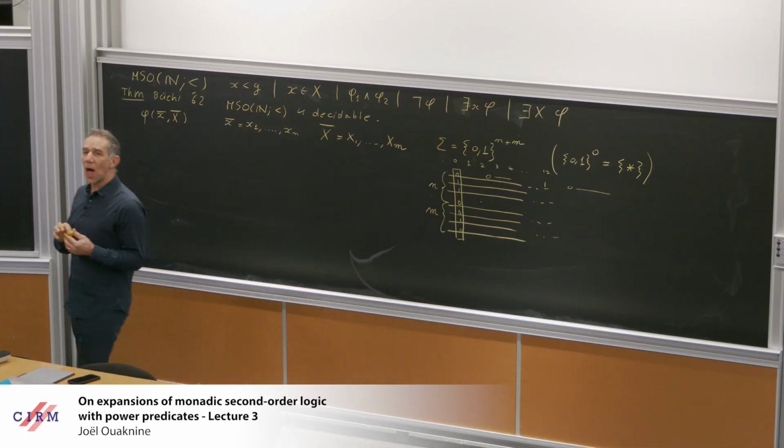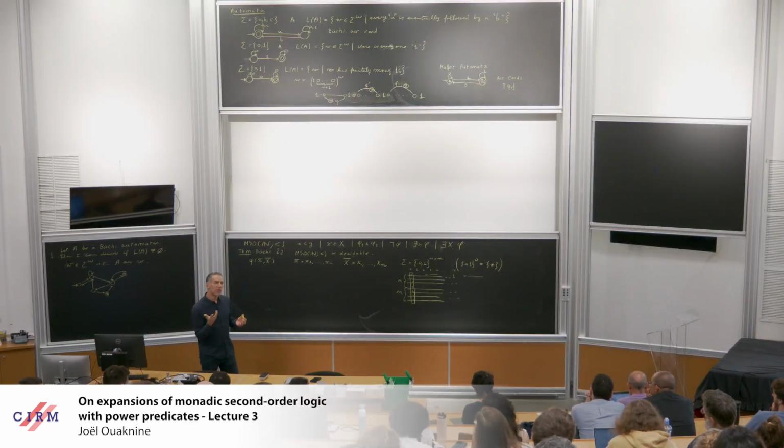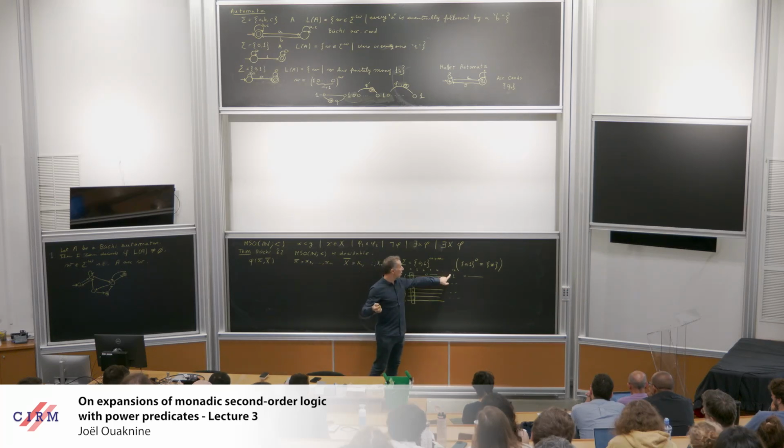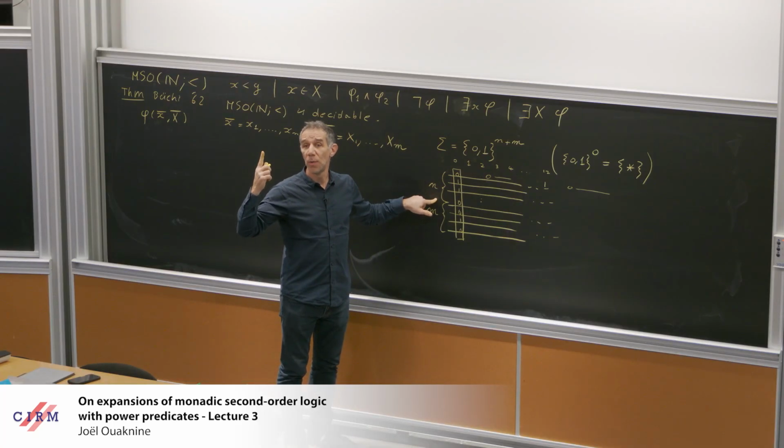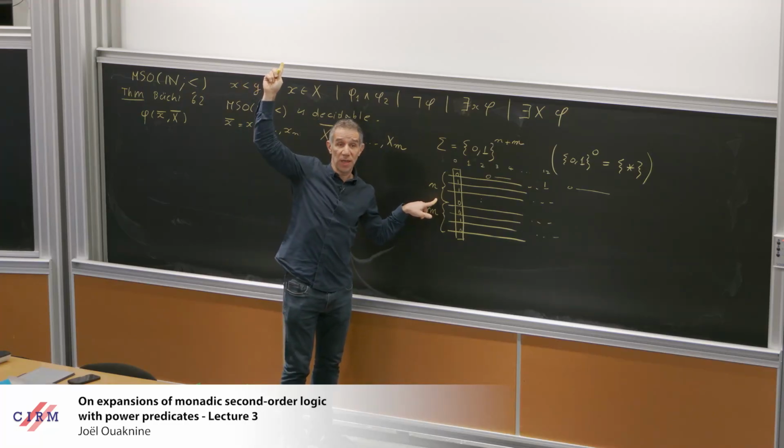And I want an automaton to enforce this. One of the things the automaton has to be able to do is to say that on each of these tracks, there has to be exactly a single 1. But we saw an automaton that could do precisely that.